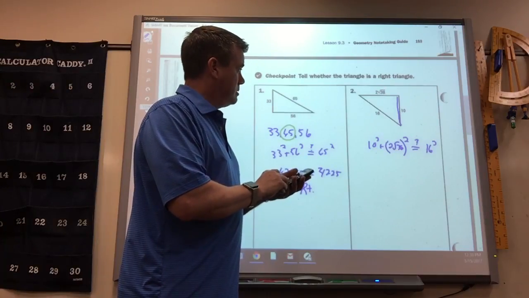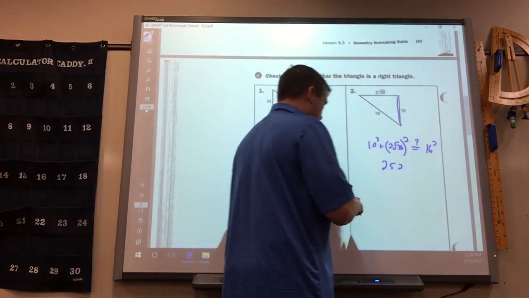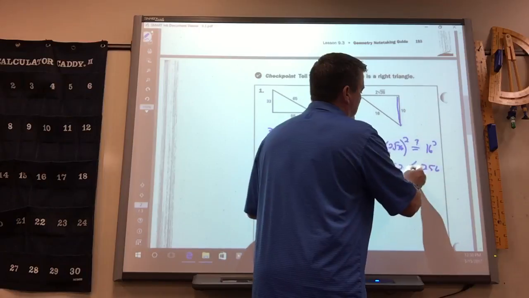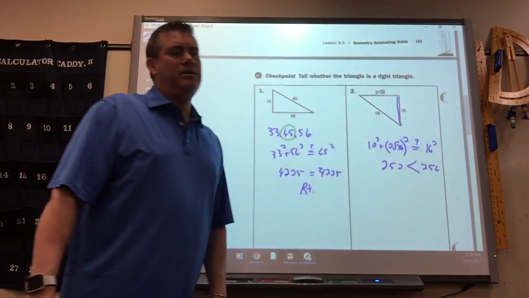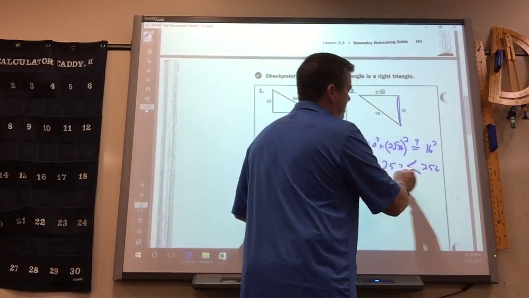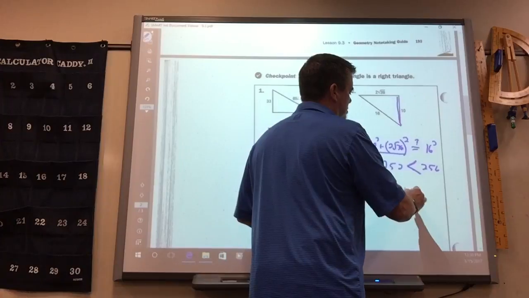This turns out to be 252. 256. So it's less than. It's not right, so is it obtuse or acute? If a squared plus b squared is less than, it is obtuse.